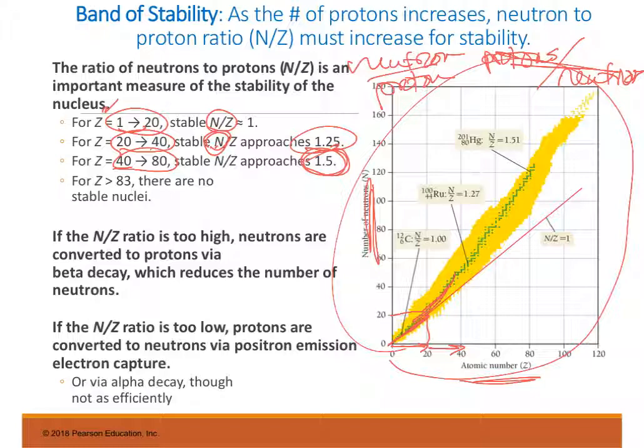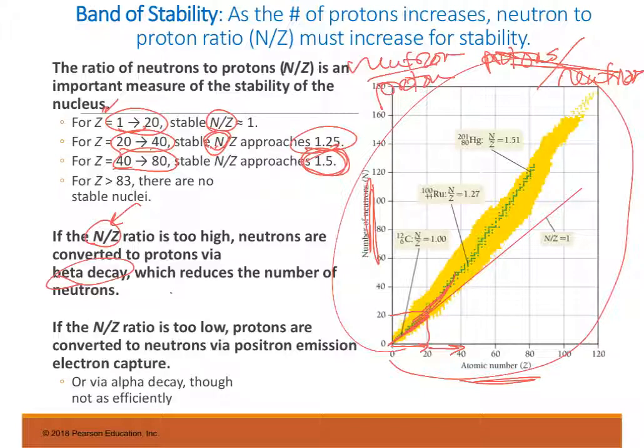All right, and sometimes you can predict the type of radioactive decay that an element will undergo based on how many protons and neutrons it has. If it has too many neutrons, which can happen, just overall too heavy, then you will undergo beta decay.